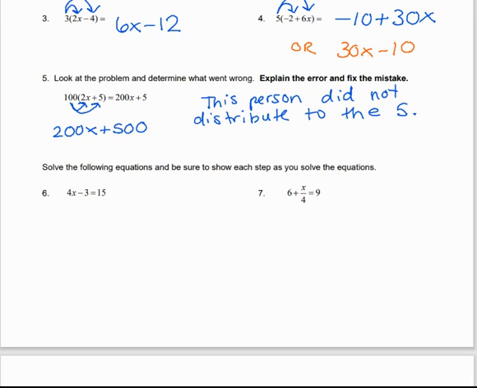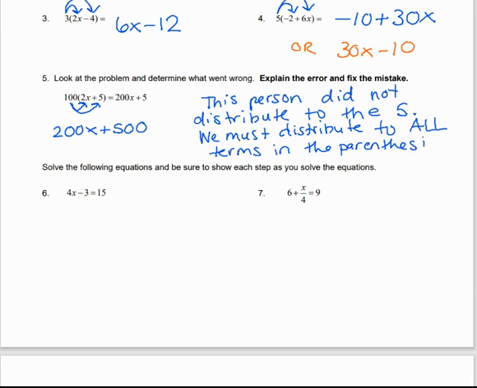So we must distribute to all terms in parentheses. Okay, and often that is a very common mistake, especially if there's more than 2 terms. People will forget to distribute to all of the terms.